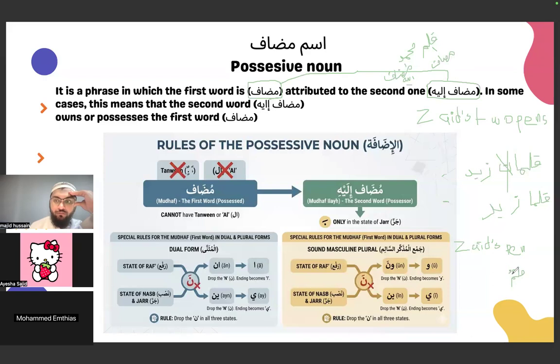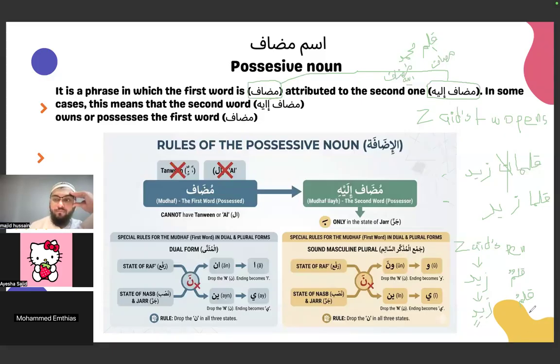I'll write here the word qalamun, and the name will remain as it is, which is Zaid. What I will do is drop the tanween and make it only a dhamma. And Zaid will remain the same in the next step as well. The only difference that Zaid will have is the dal will always be in the majroor state till Yawm al-Qiyamah.